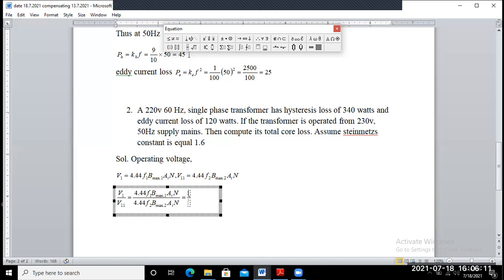That means F1 B maximum 1 divided by F2 B maximum 2.